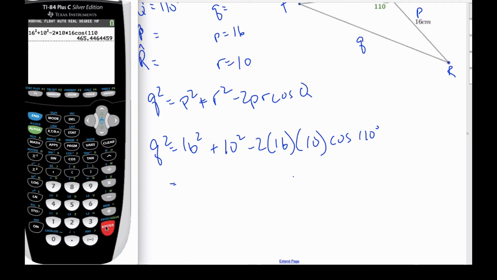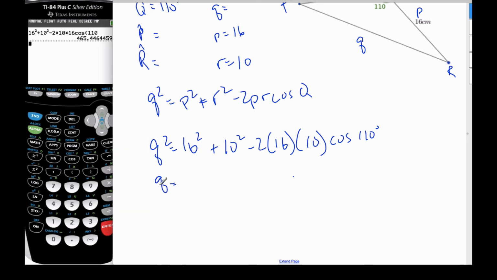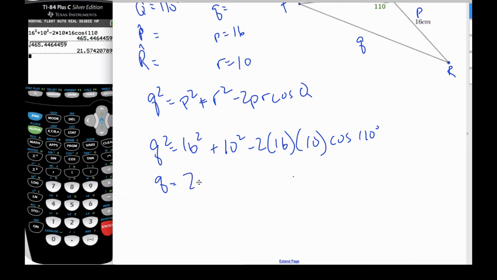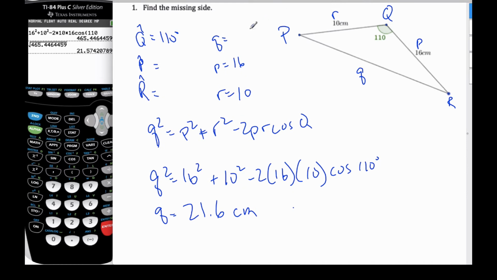And this is what q squared is going to be. And then I'm going to take the square root of this answer. And I get 21.6 centimeters to 3 significant figures. So I know that this is 21.6 centimeters.